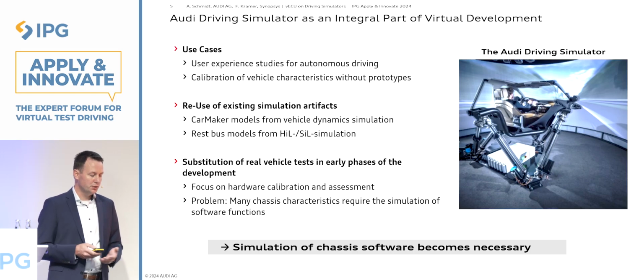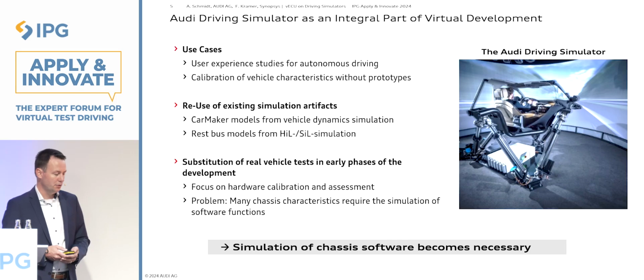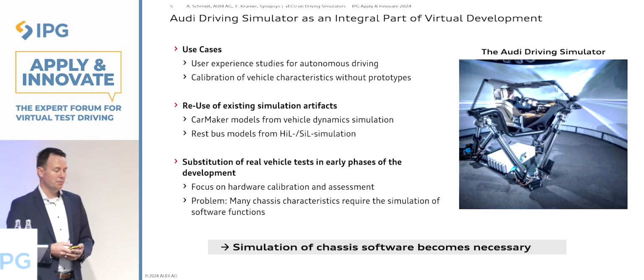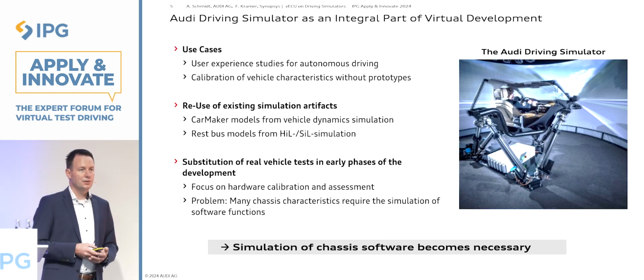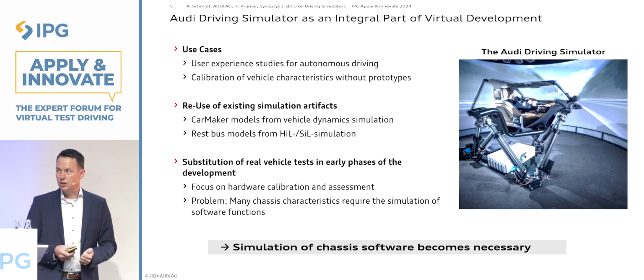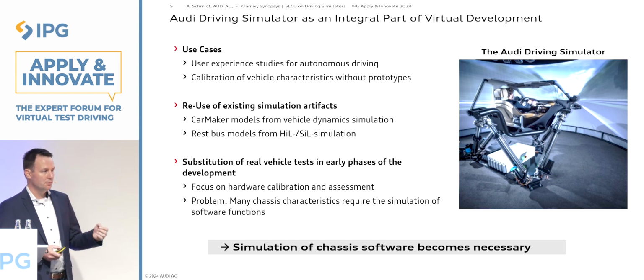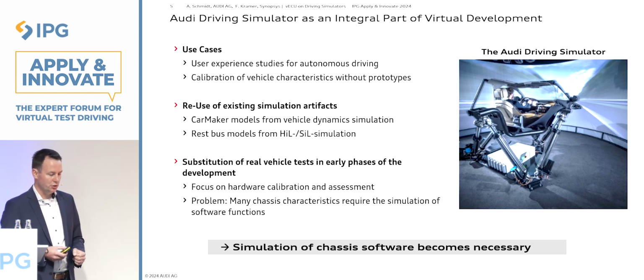So the goal, of course, is to substitute real vehicle testing in the early phases of development. However, nowadays, many of the assessment of characteristics depends on software functions. For example, it is not possible to rate a tire without the steering functions. So we were faced with a task to integrate the software into our simulation.